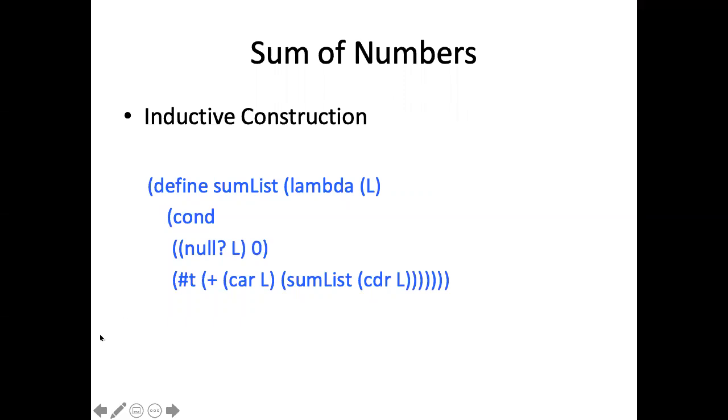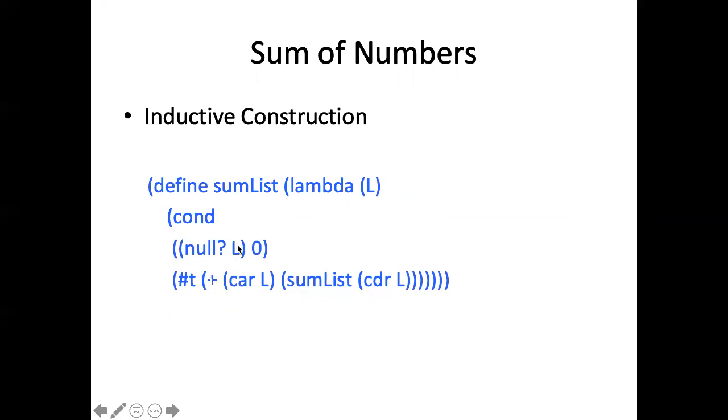Otherwise, I will add the car of the list to the result that I obtain by applying sum list to the remainder of the list. So this is post-processing, because I'm first computing the sum of the remainder of the list, and once I have that sum, I'm adding the car to it to get my result. Okay, so this is inductive.